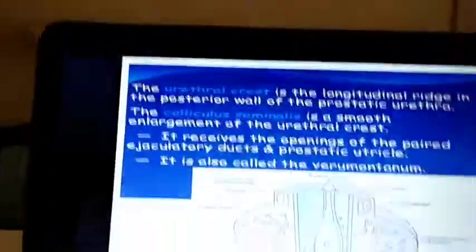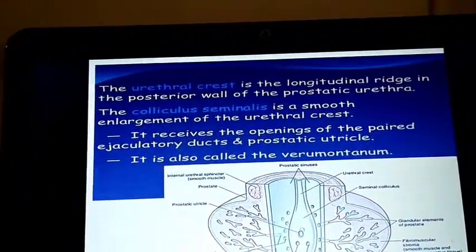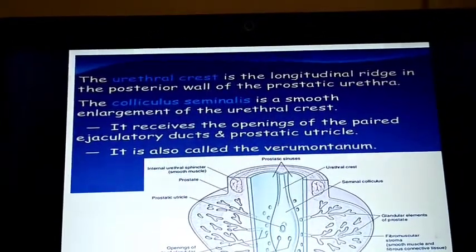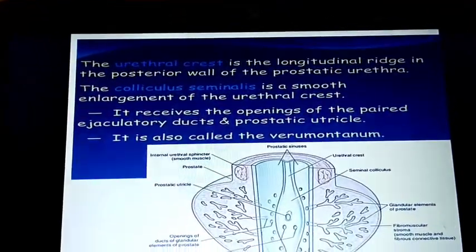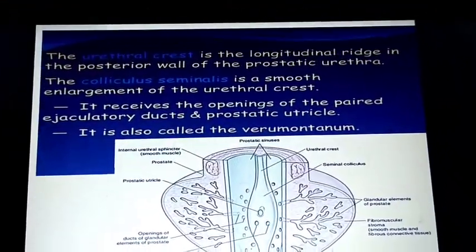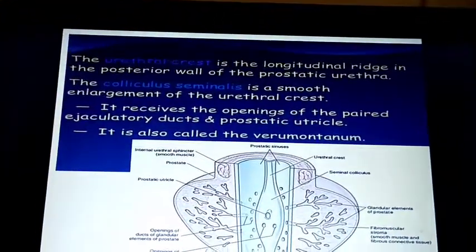Now, the prostatic urethra has a urethral crest, a longitudinal ridge or elevation in the posterior wall of the prostatic urethra. The colliculus seminalis, also called the verumontanum, is a smooth enlargement of the urethral crest.